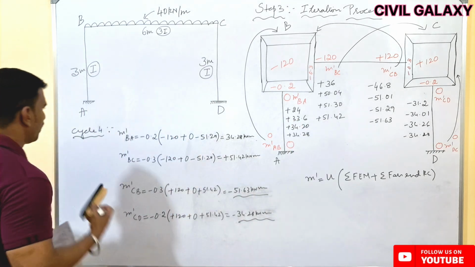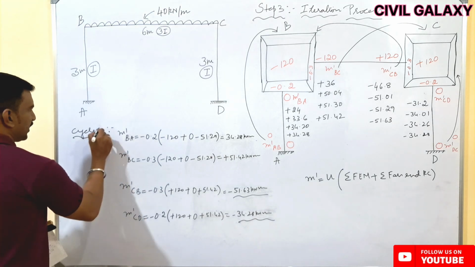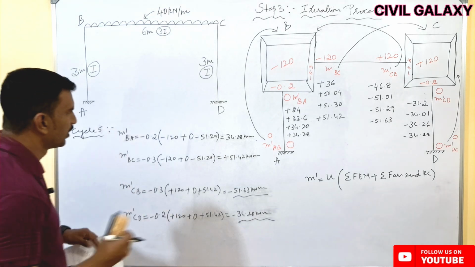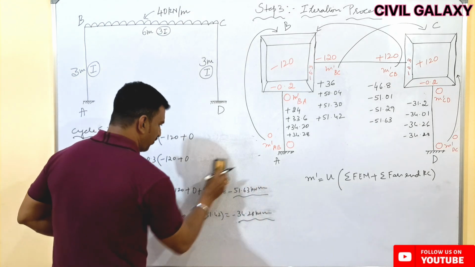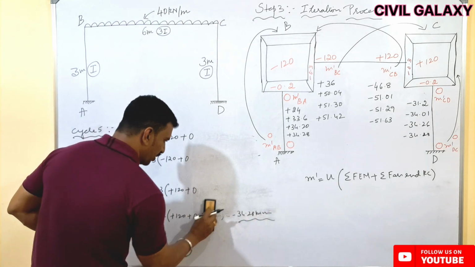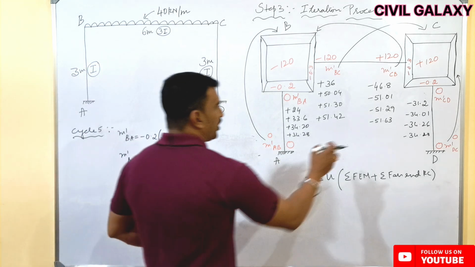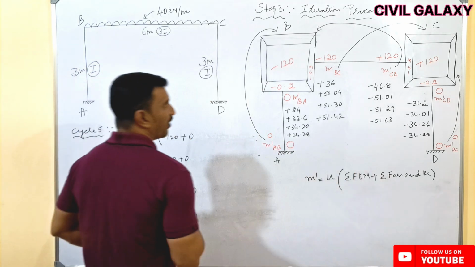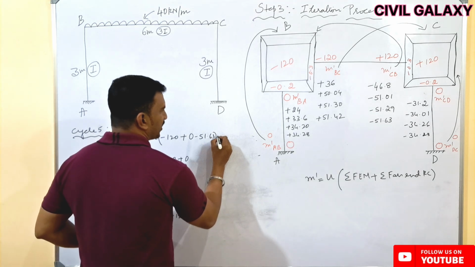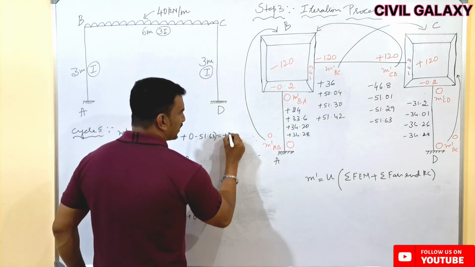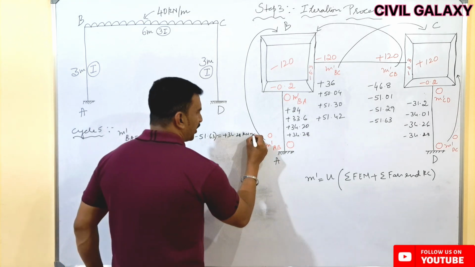So probably in the fifth cycle we are going to get the same values. Here we are just changing the far end rotation contributions. See here, we are having a new iteration value for the far end rotation contribution, that is minus 51.63, which gives a value of plus 34.28 kilonewton meters.